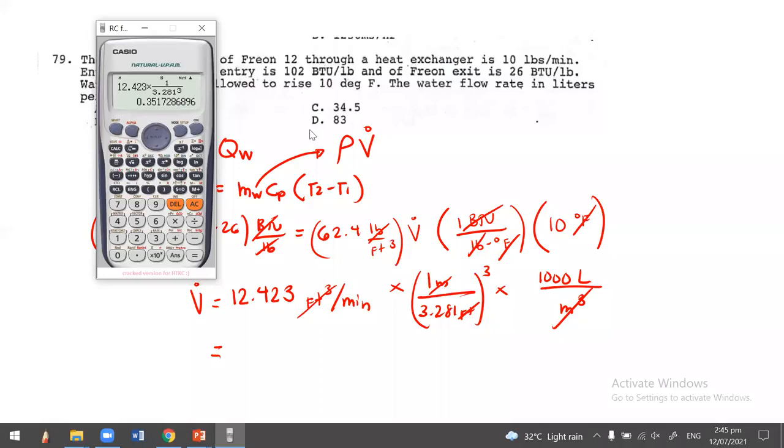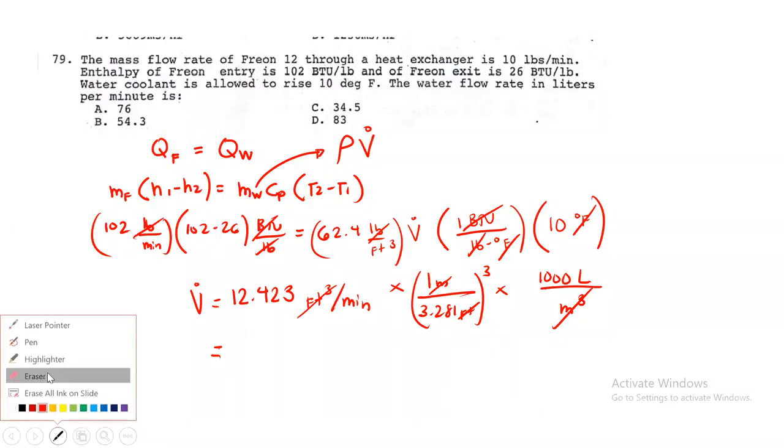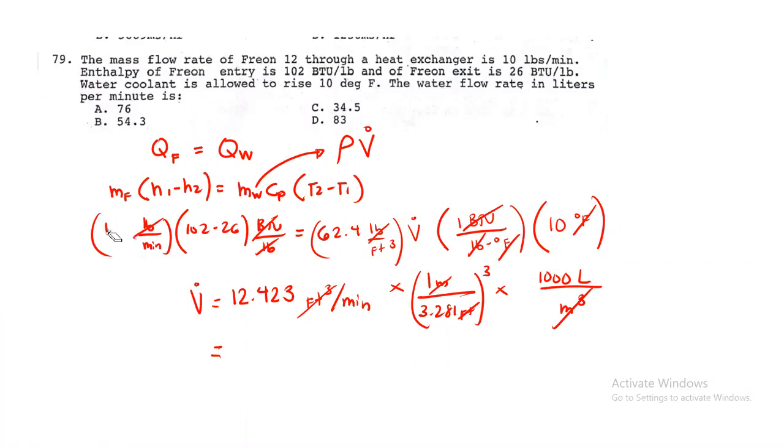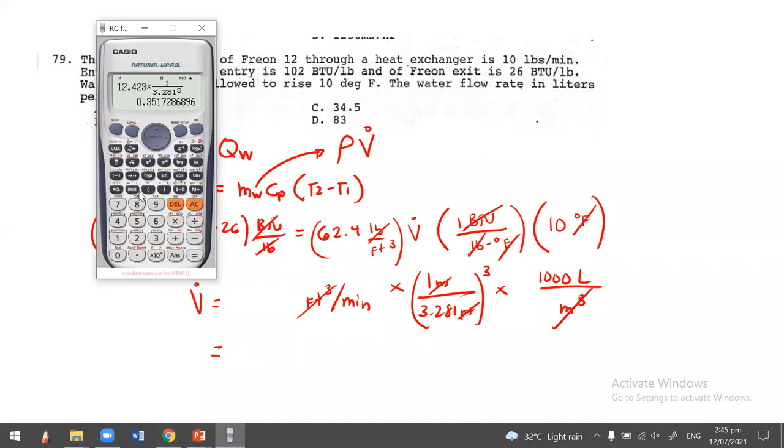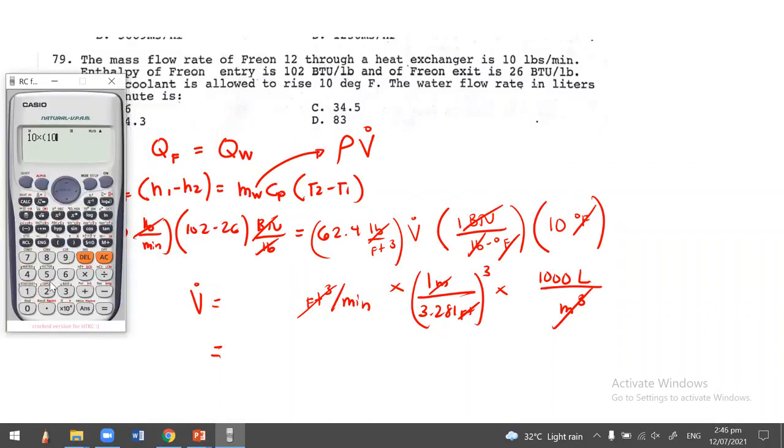So guys, may error pala tayo dito, no? 10 pounds per minute pala to, hindi to 102. 10 pounds per minute lang yan. So palitan natin to. So 10 times 102 minus 26 is equal to 62.4 alpha x times 10.